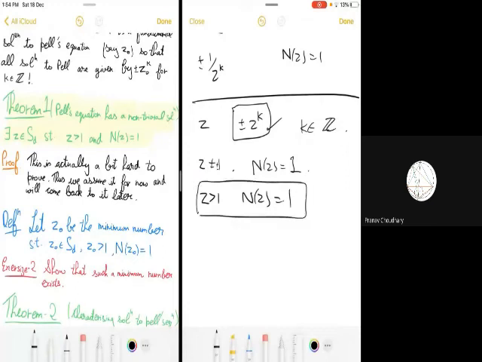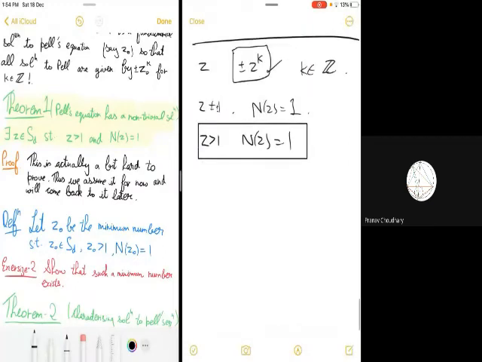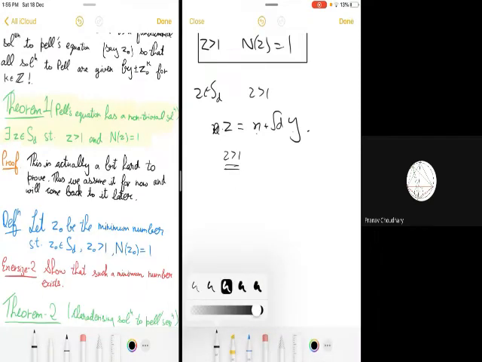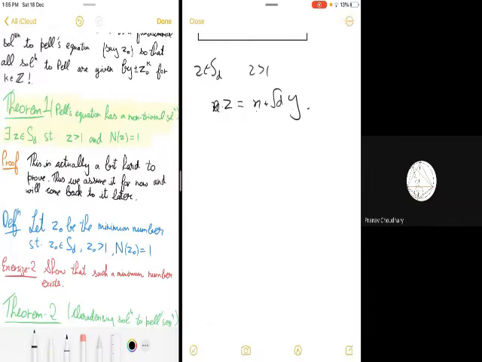Then every z belonging to SD which is greater than 1 corresponds to a positive solution of Pell, because if z is x plus root d y, this representation is unique. If z is greater than 1, then these both must be positive.